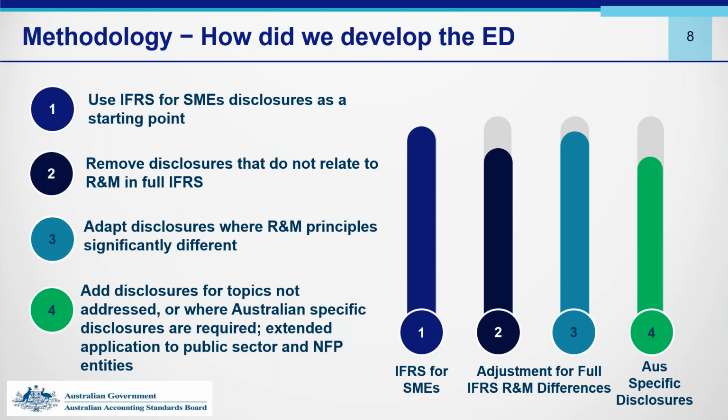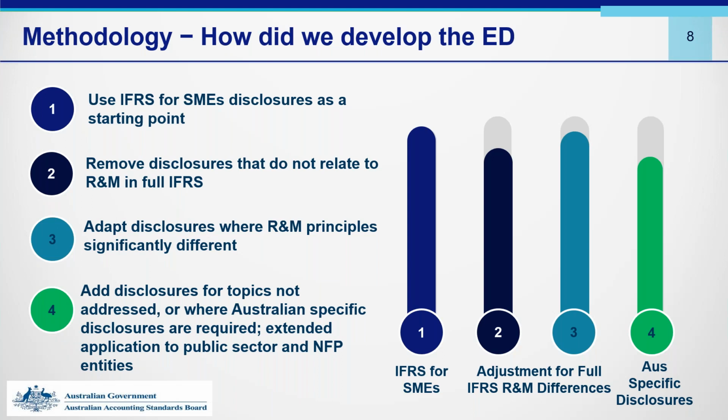The main difference is recognition at a point in time versus over time. So that's really no different to IFRS 15 or AASB 15. Hence we concluded that while we have different principles of revenue recognition, overall the level of disclosures in IFRS for SMEs in terms of revenue should still be applicable and relevant for our standard as well. So we retained the level of disclosures, but we adapted the terminology to fit with the new standard.